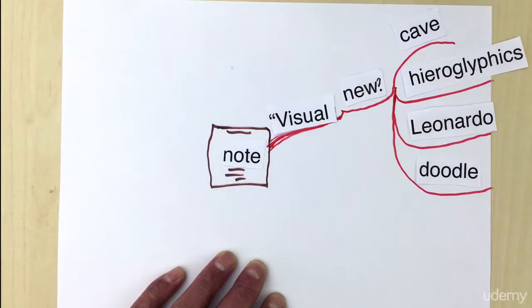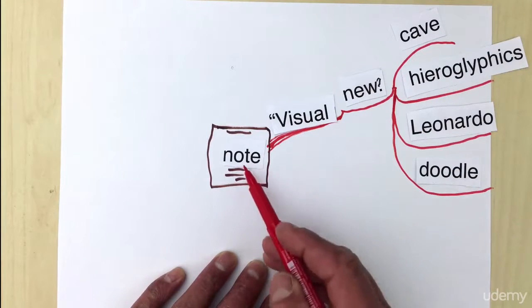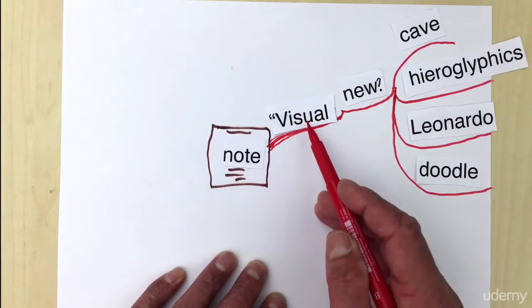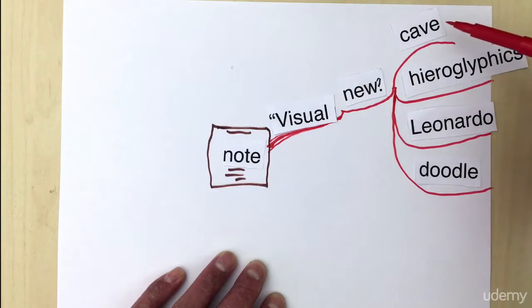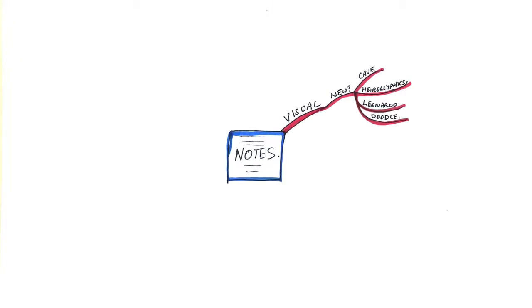That's how it would turn into a mind map. Note taking, visual, is it new? No, it's not. Cave painting, hieroglyphics, Leonardo, doodle. And this is probably what it would look like if it was a regular mind map.